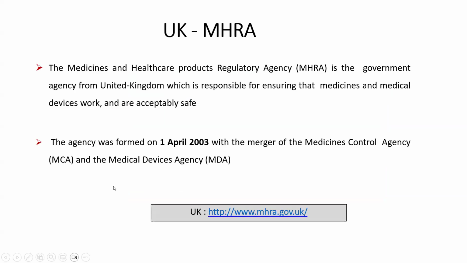Along with this, we also have one authority in this region, that is MHRA UK, or you can say UK MHRA, the Medicines and Healthcare products Regulatory Agency. Previously it was also existing, but after Brexit it came into the picture, because Britain has its own agency called MHRA UK.